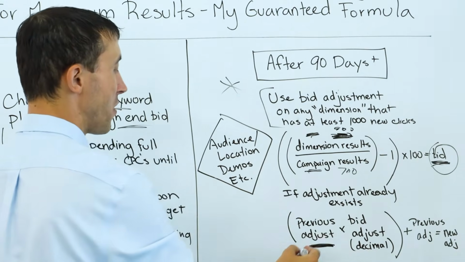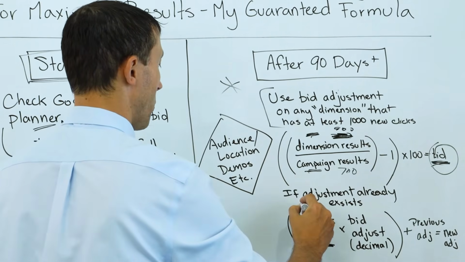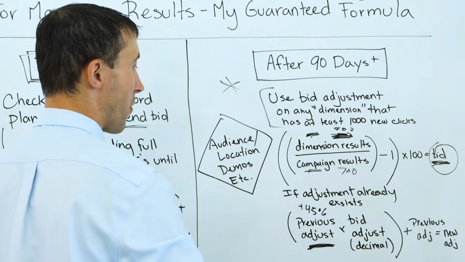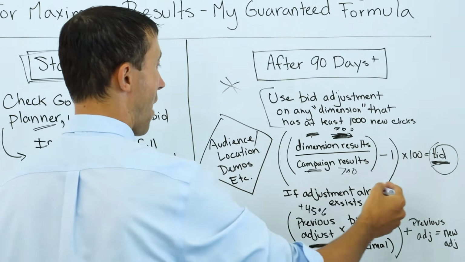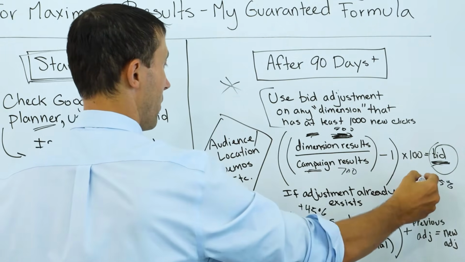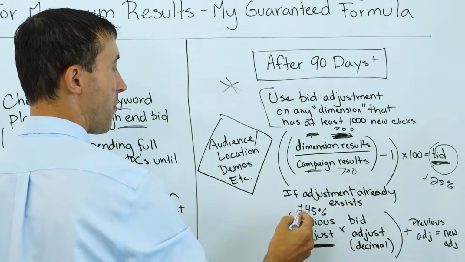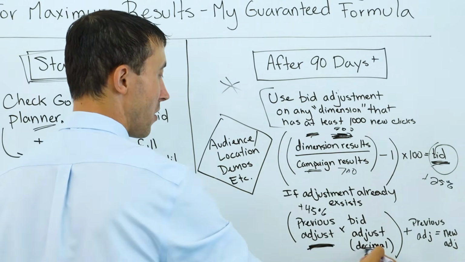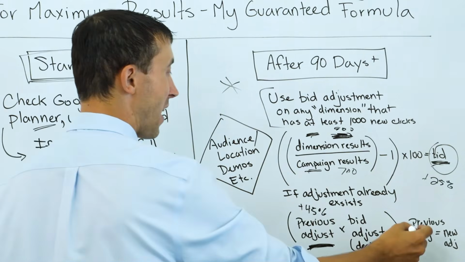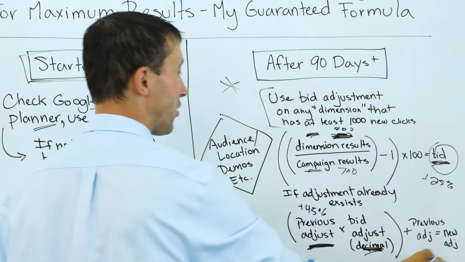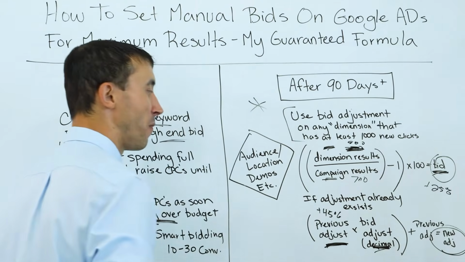So let's say your previous bid adjustment here was plus 45%, right? And you run this formula for the fast food audience and it's saying you should have a 25% bid adjustment, plus 25. So what you're going to do is take 45 times 0.25 in decimal format plus the previous bid adjustment of 45, that's your new bid adjustment for that fast food audience.